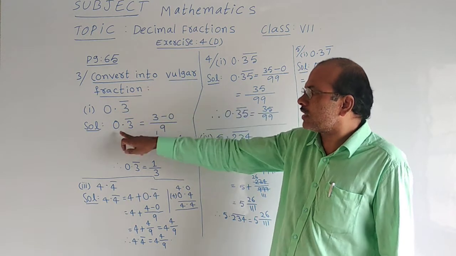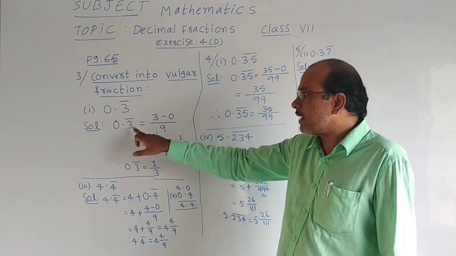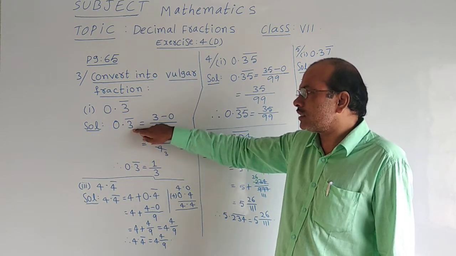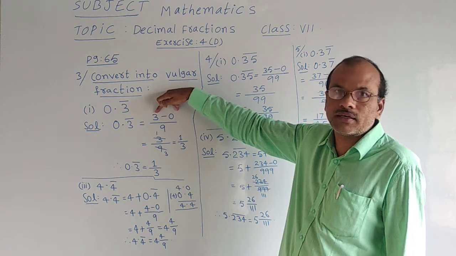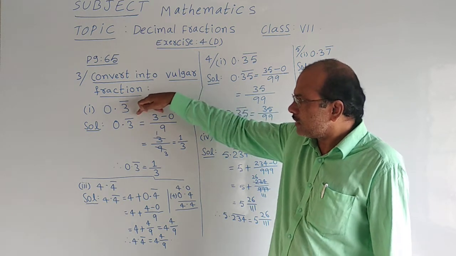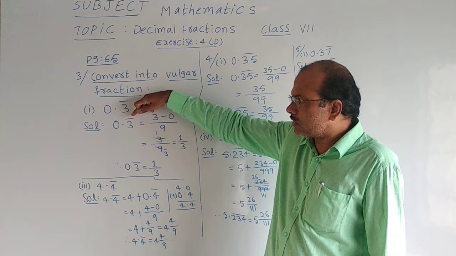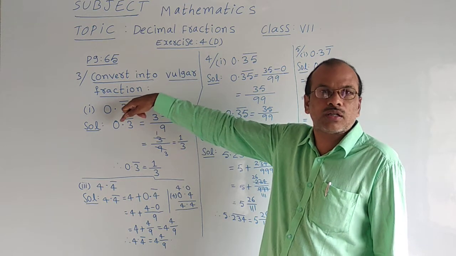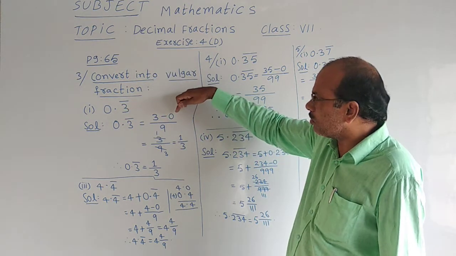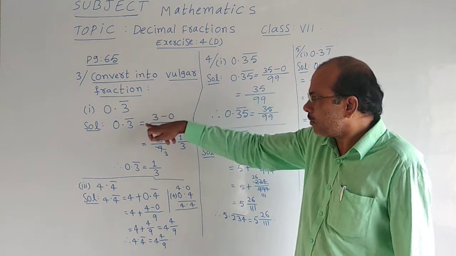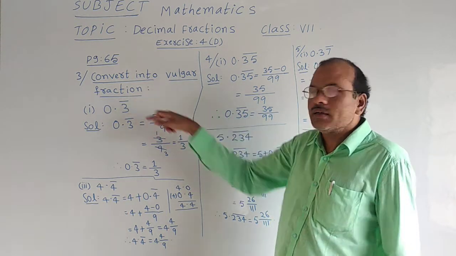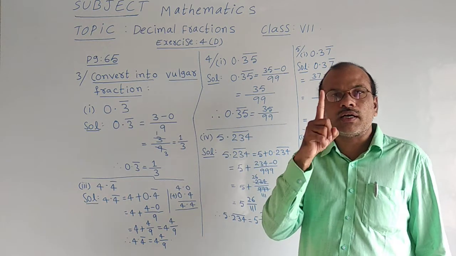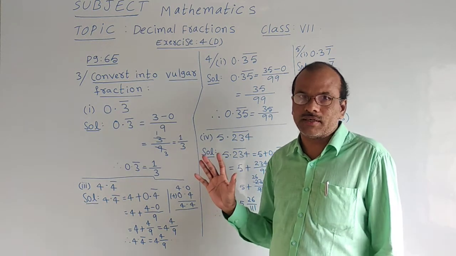In that starting should be 0, and this is the digit which is under the bar, that digit I have written, minus, in the decimal part too, only this much is there, nothing other than that. Nothing means 0, so minus 0 by, here only one digit is under the bar, that's why I have written 1 time 9 in the denominator.